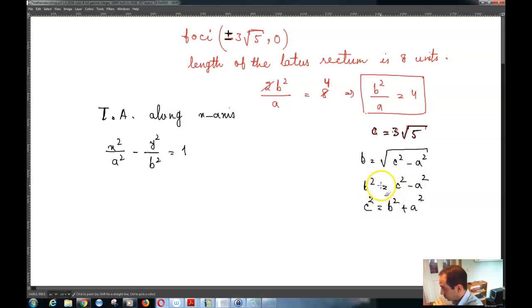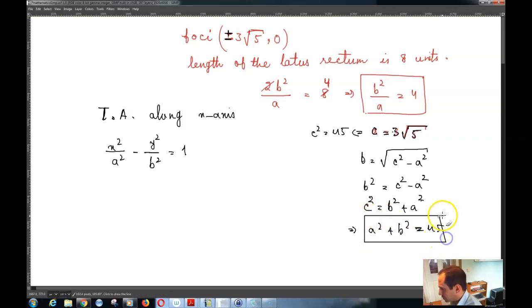Since c squared is equal to 9 times 5, which is 45, and c squared is a squared plus b squared, therefore you can write a squared plus b squared is equal to 45.